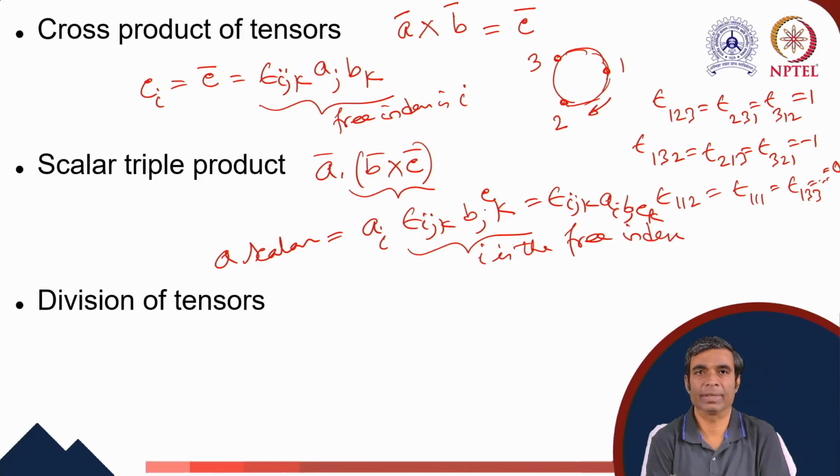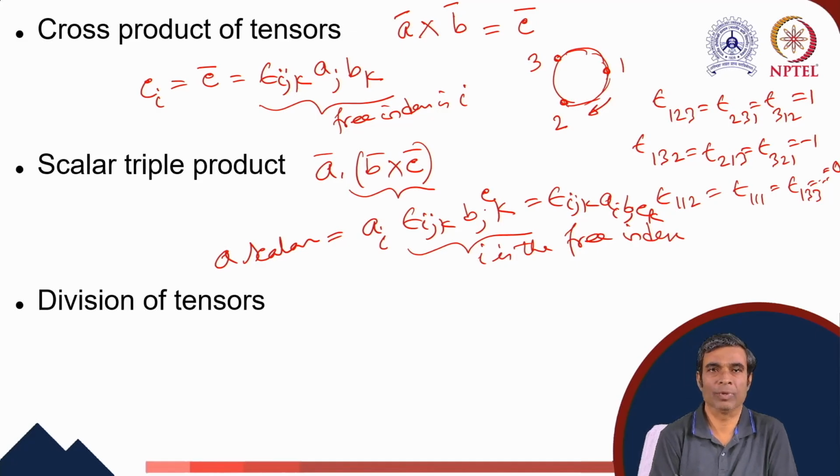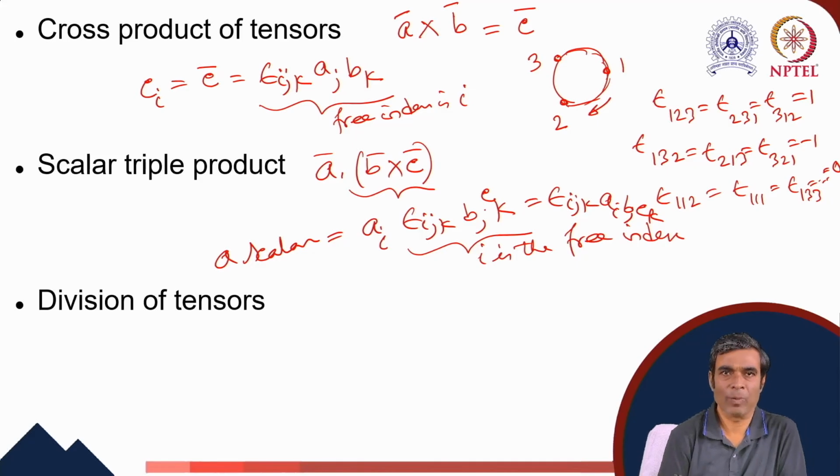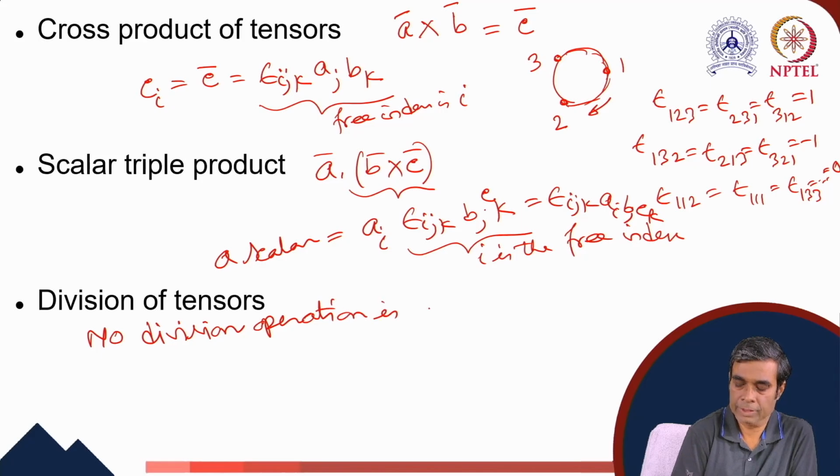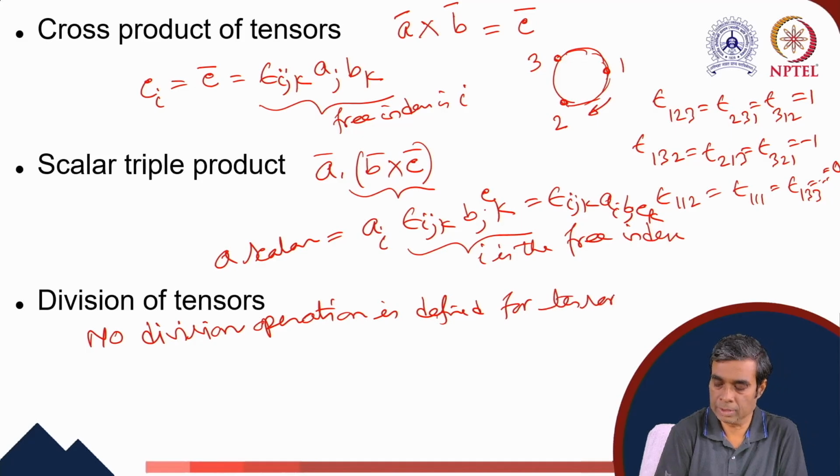Division of tensors comes next. There is no division operation for tensors and vectors. Actually, this is the root of the concept of tensors. I just mentioned that no division operation is defined for tensors and hence for vectors.